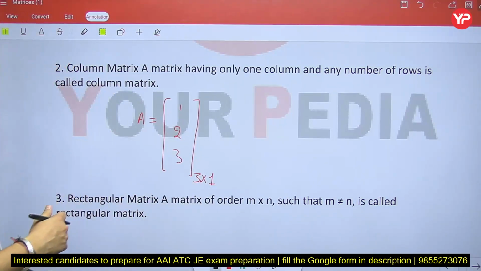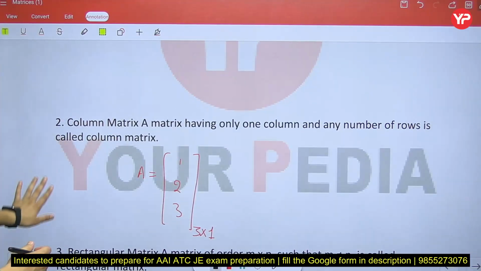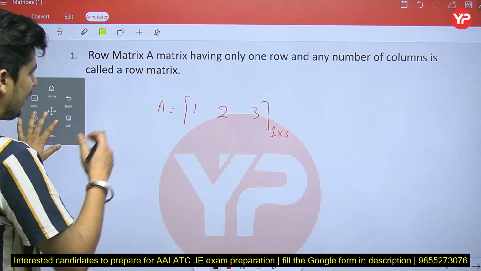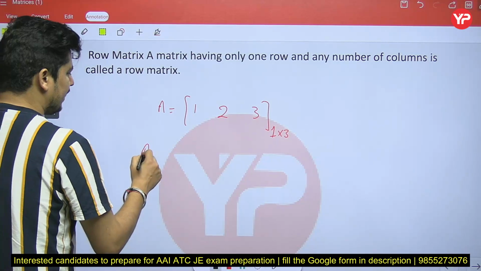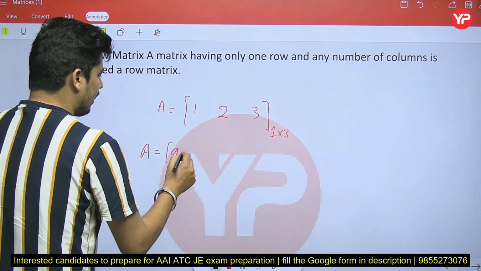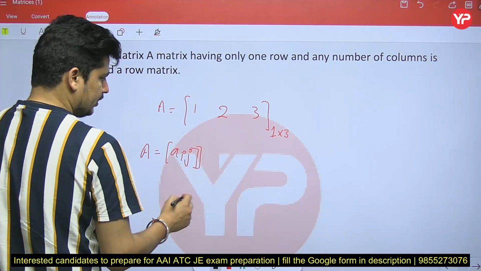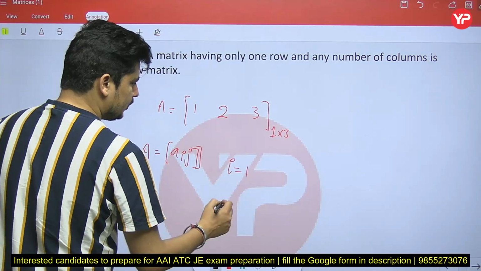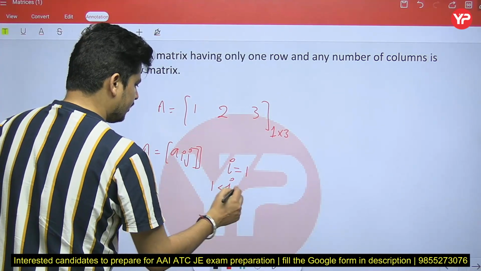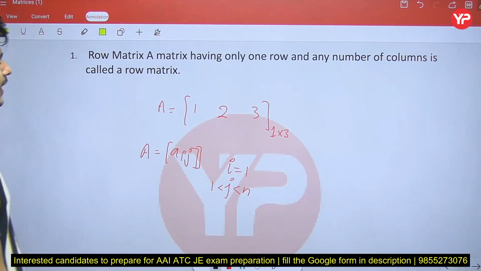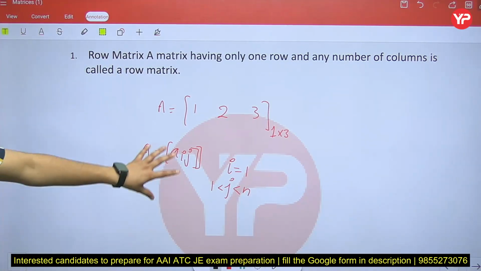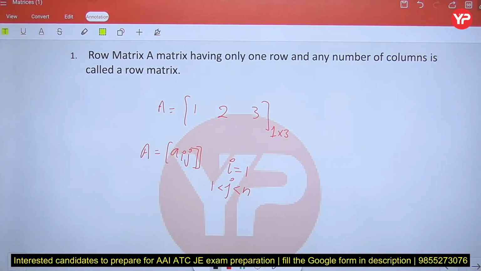Generally, a row matrix is represented as A equal to Aij, right? i is equal to 1 and j can vary from 1 to n. That is the representation of a row matrix.